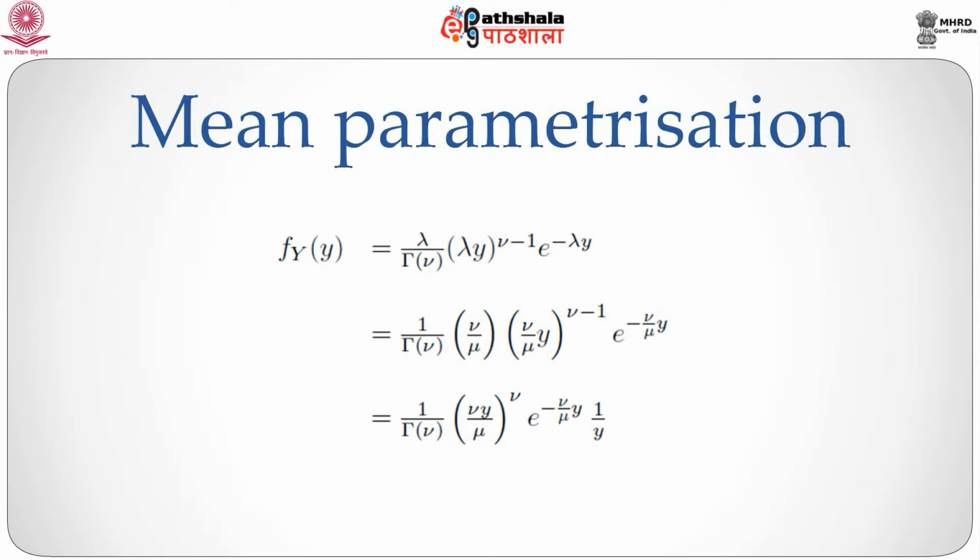This can be reparametrized as 1 over gamma nu into y to the power nu, nu by mu to the power nu, e to the power minus nu by mu y, into 1 over y. So, this is denoted as gamma mu and nu and is the gamma distribution reparametrized in terms of the mean.